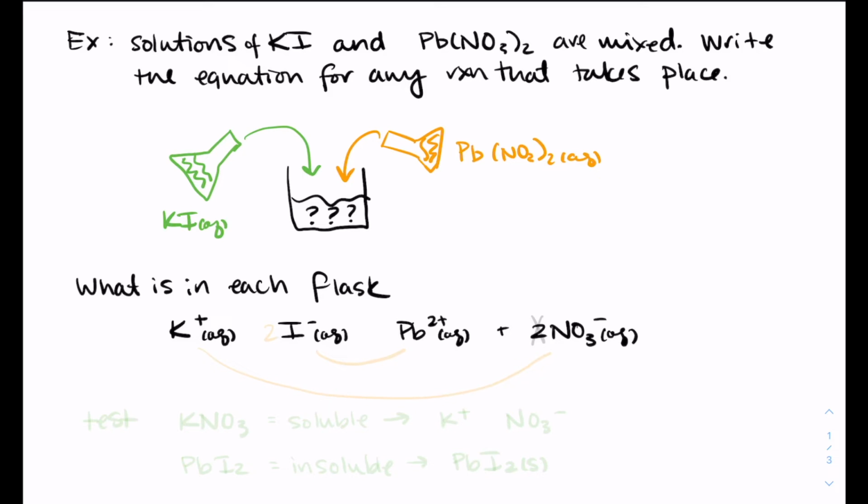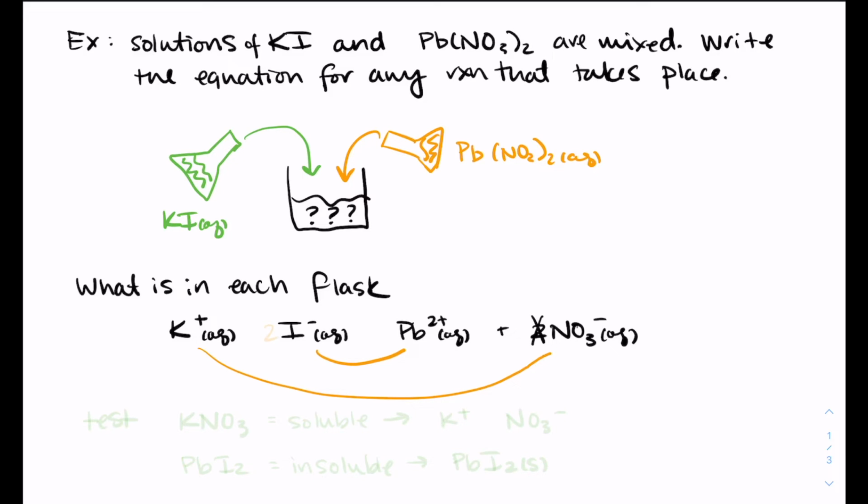When you mix all of these together, every cation can pair up with every anion and vice versa. But if a potassium and an iodide pair back up, it's a soluble compound, so they end up splitting back up.